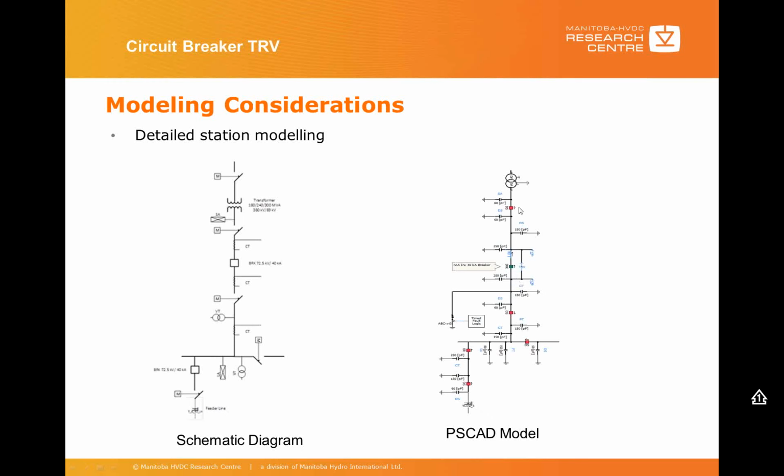Besides the major components, you see here a lot of capacitors, which represent the stray capacitance of each component. We will discuss this in detail later, but this is what you have to do when you represent the station equipment.